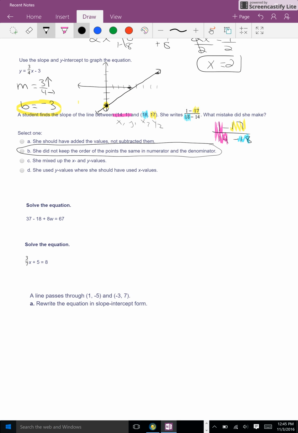This equation right here, there is no distribution, so you have to combine like terms. The only like terms to be had was 37 minus 18. So then you have 19. And now it becomes a two-step equation, minus 19 on both sides.